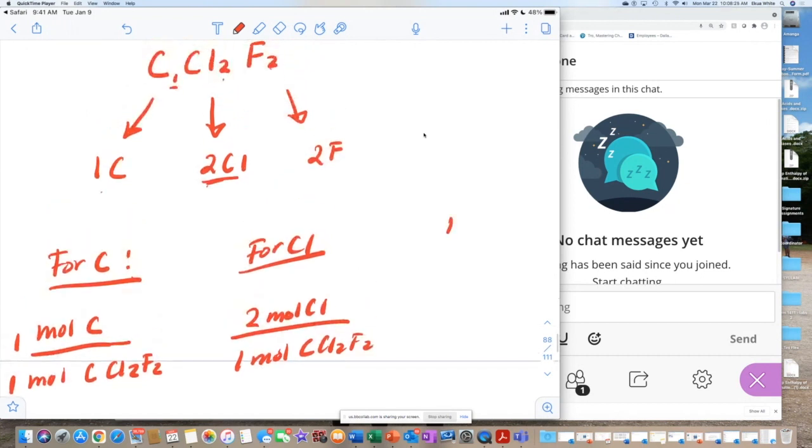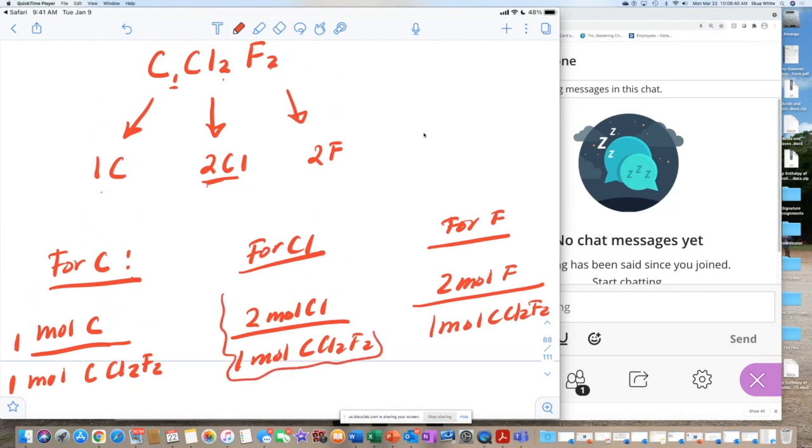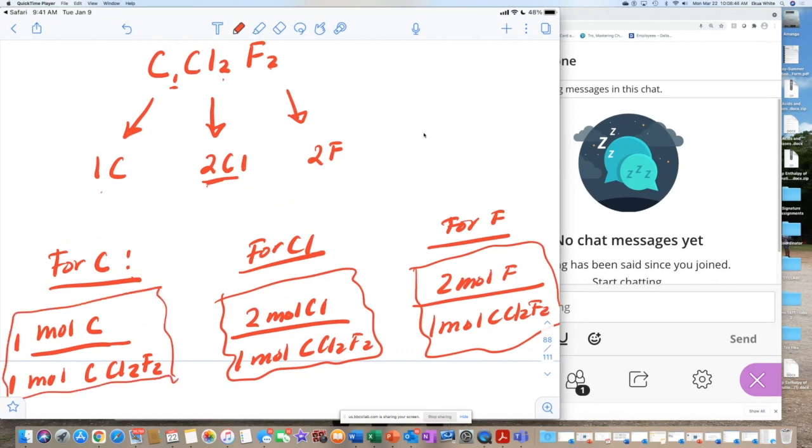And then for fluorine, we need 2 moles of fluorine to make 1 mole of CCl2F2. Okay? So remember, this molar relationship that we have here is based on the amount that you need of each ingredient or each element in the whole compound. And the amounts are different depending on how the chemical formula is written.